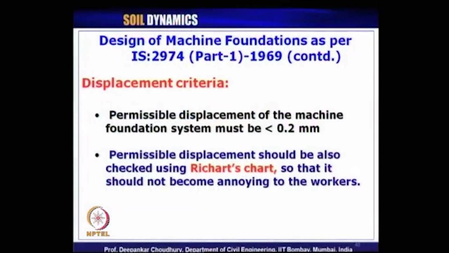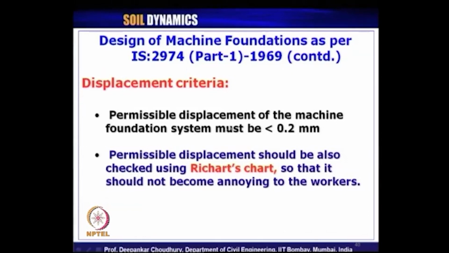Now, let us see the third criteria as per the IS code, that is the displacement criteria. What it says is that the permissible displacement, remember this displacement means only the dynamic displacement. We are talking about the amplitude of displacement, to be specific, only the amplitude of dynamic displacement.